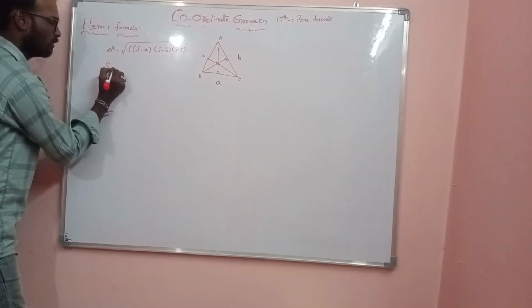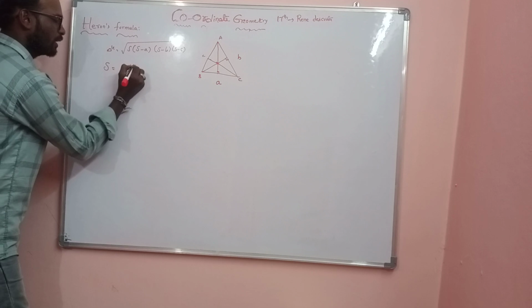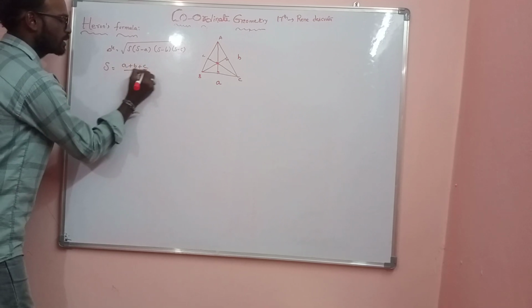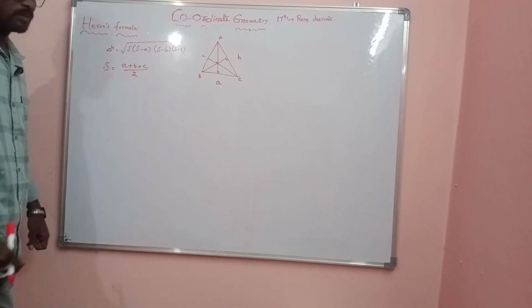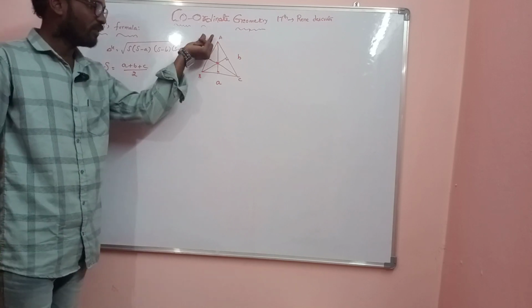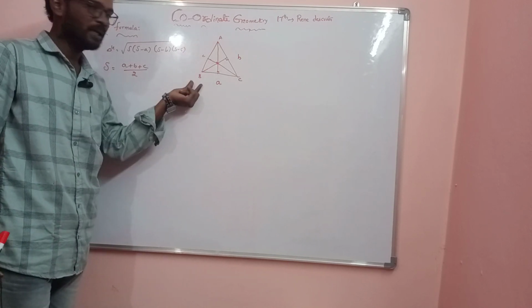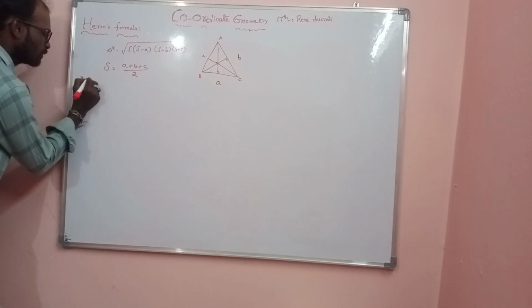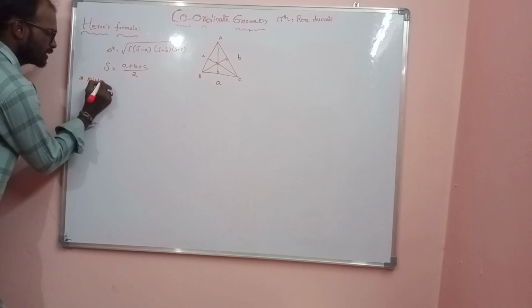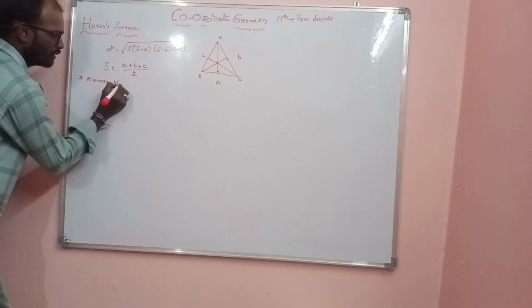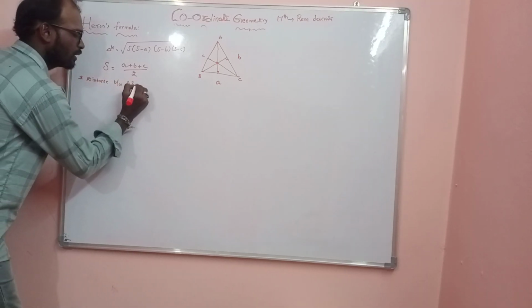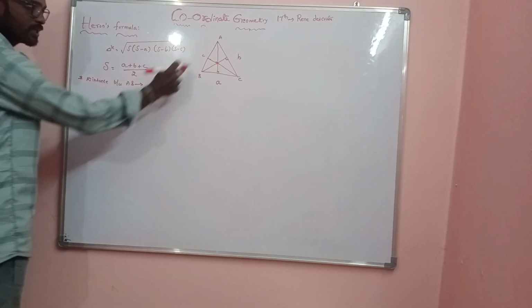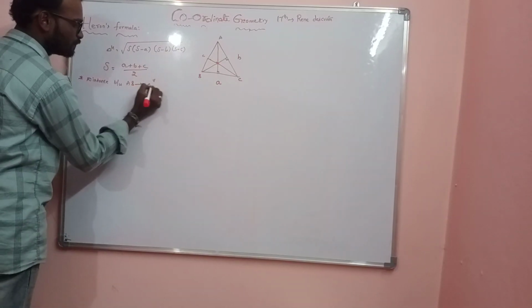How to find the S value? You can use the formula S is equal to (a plus b plus c) by 2. That means we can find the distance between A and B first. Distance between AB, you get the answer c value.